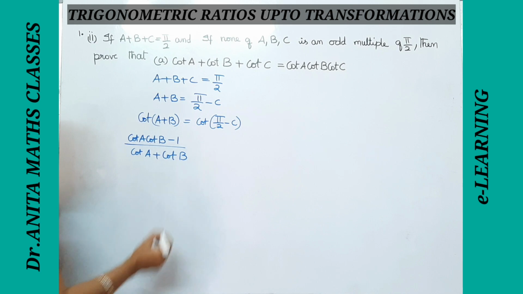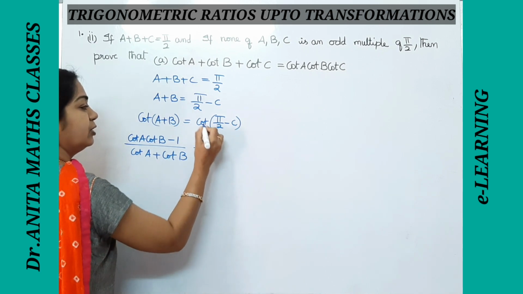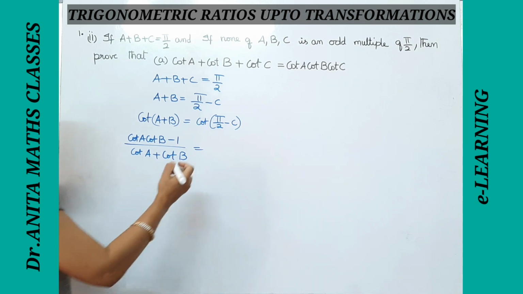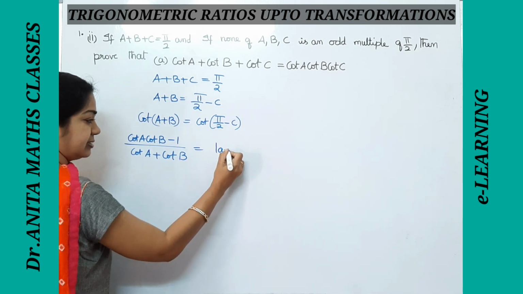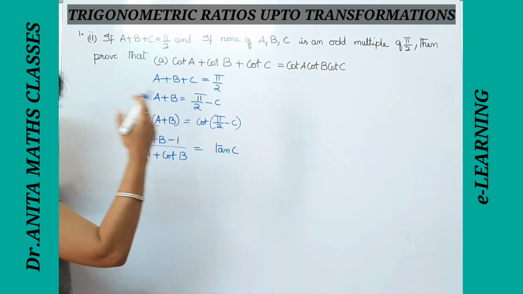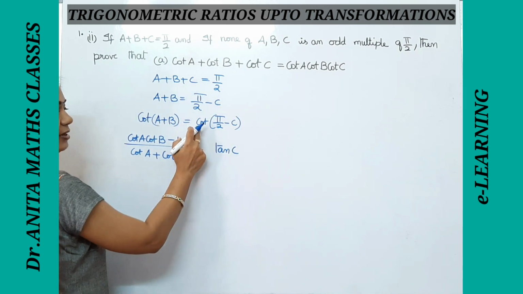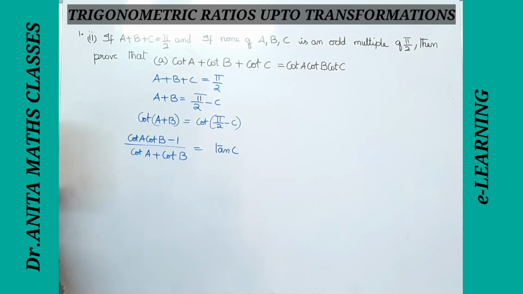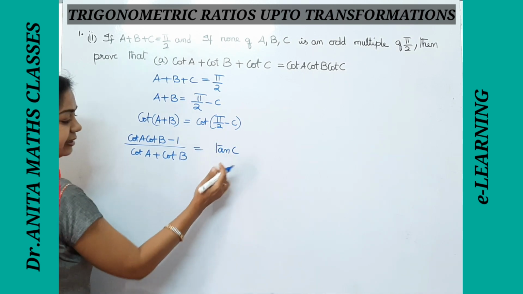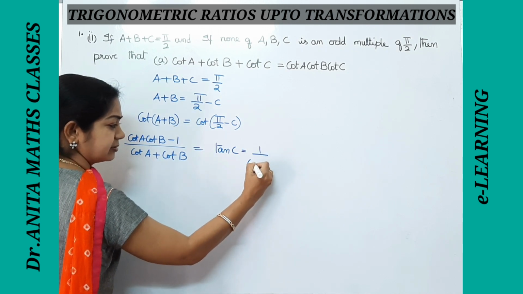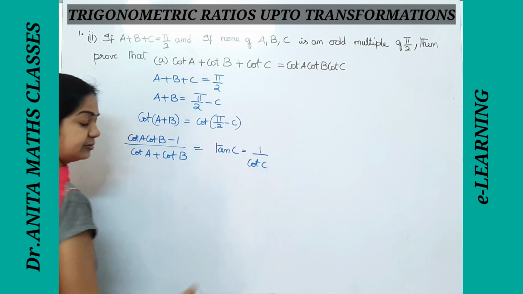So this is the formula of cot(a plus b), and here cot(90 minus c). So cot 90 is complementary, tan c, and which sign we have to apply? 90 minus c means in the first quadrant, all the values are positive, so this is plus tan c. Now tan c, I can also write as 1 by cot c, because this is the reciprocal.